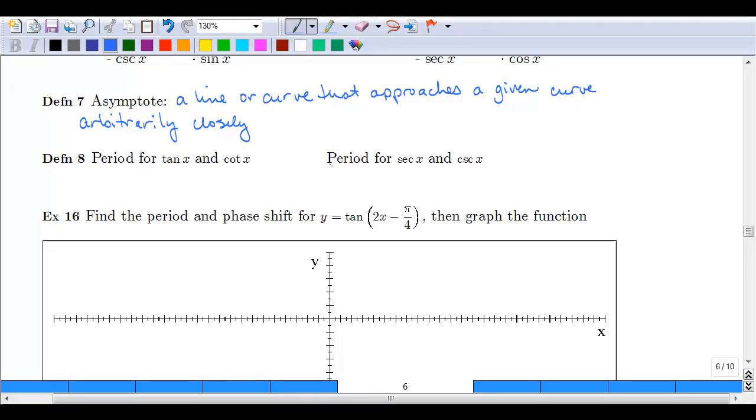So again, we had those asymptotes. We talked about those. Those are going to show up in all of them: the tangent, cotangent, secant, and cosecant functions are all going to have asymptotes.